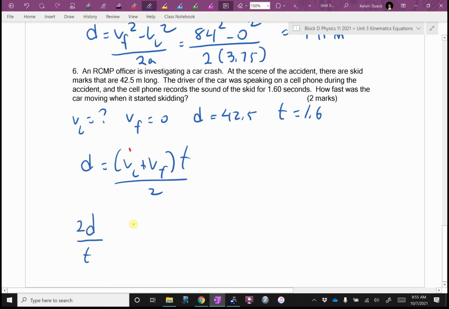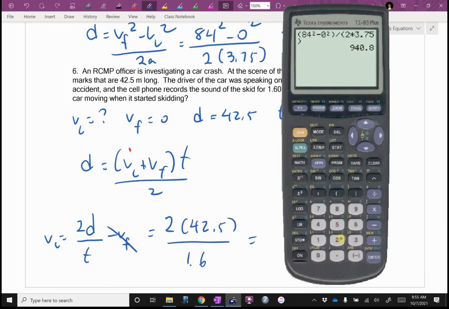And that would give me VI plus VF. How would I move the VF over? That equals VI. The only thing is VF is 0, so I could have skipped that step. But if it wasn't, I could handle it. It's going to be 2 times 42.5 divided by 1.6. Do y'all get 53.1?